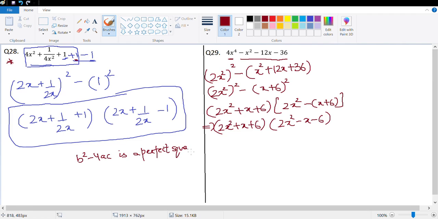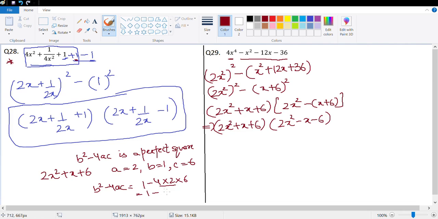So let's look at, in this case, 2x square plus x plus 6. A is equal to 2, b is equal to 1, c is equal to 6. b square minus 4ac would be 1 minus 4 into 2 into 6, which is 1 minus 48. No, this cannot be factorized, so we would leave this first expression as is.